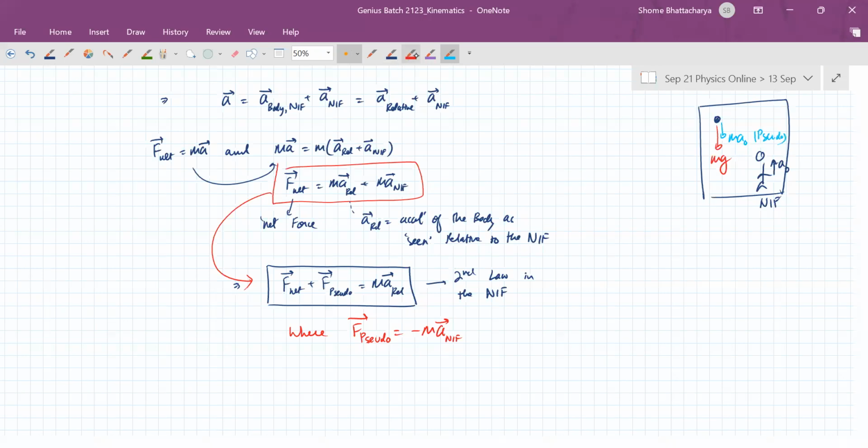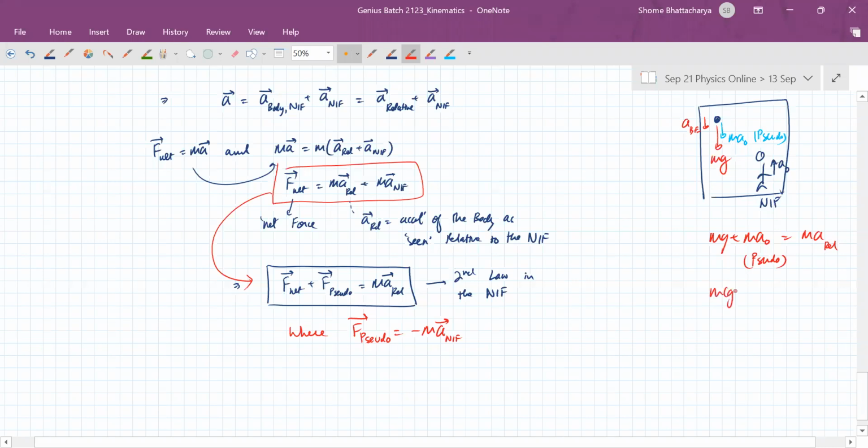So the acceleration that he sees for the bolt with respect to the elevator is like this: mg plus ma naught, which is the pseudo force, is equal to mass into that relative acceleration. So acceleration of the bolt with respect to the elevator is g plus a naught.